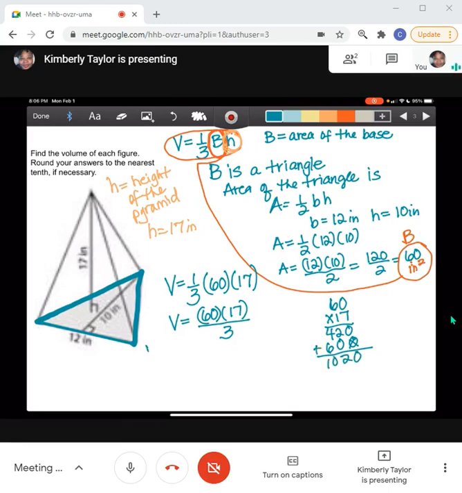So far we have V equals 1020 divided by 3. 3 goes into 10 three times, that's 9. 1 left over, bring down the 2, that's going to be 4. 12, bring down the other 0. So the volume is going to be 340 inches cubed.